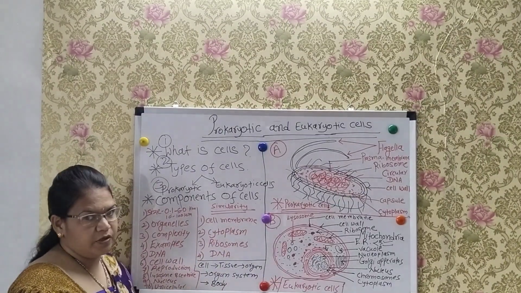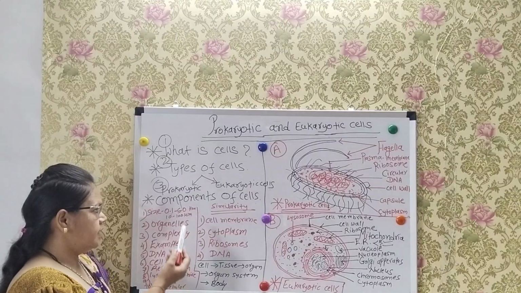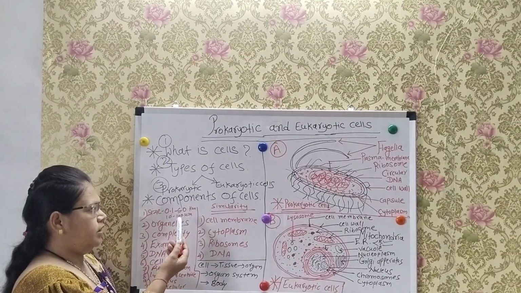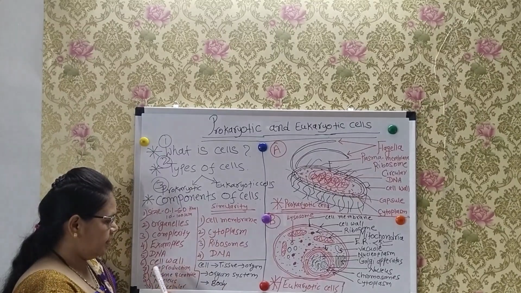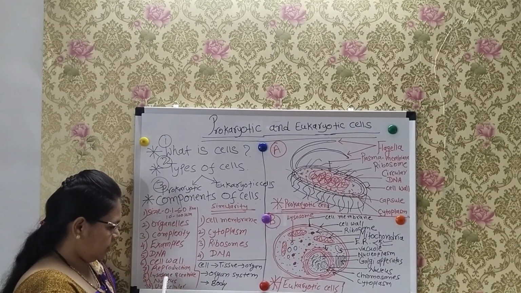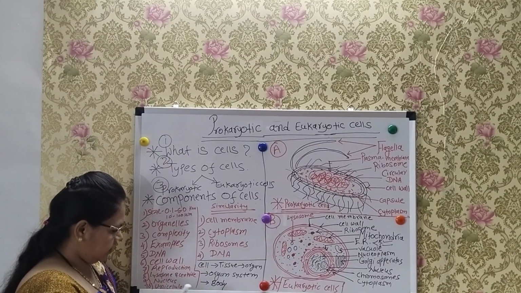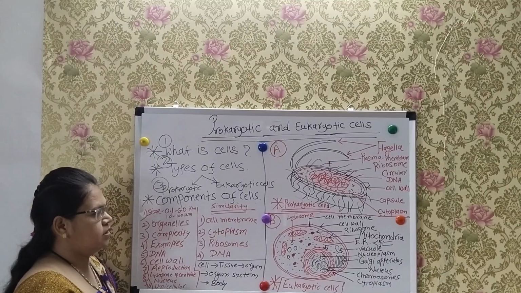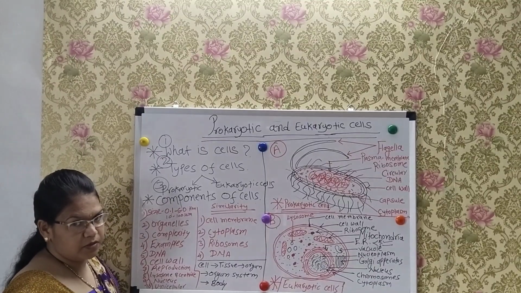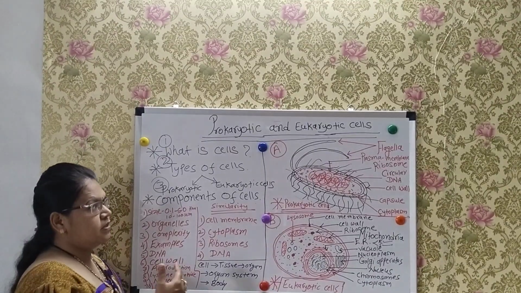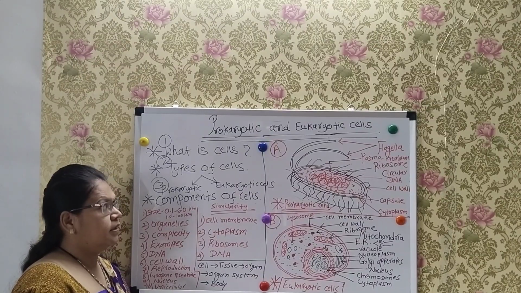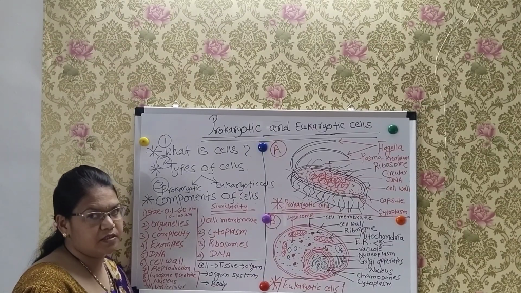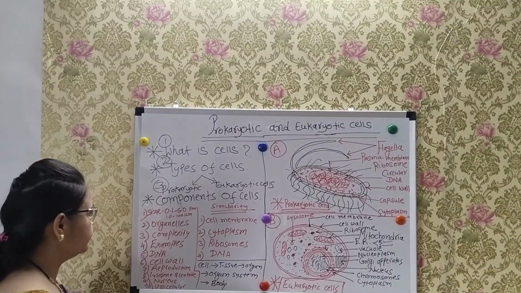Every cell has many components according to size, organelles, and complexity. Examples: DNA, cell wall, reproduction, lysosomes and centrioles, nucleus, and unicellular and multicellular cells. So first we see one by one all topics in prokaryotic cells and eukaryotic cells.